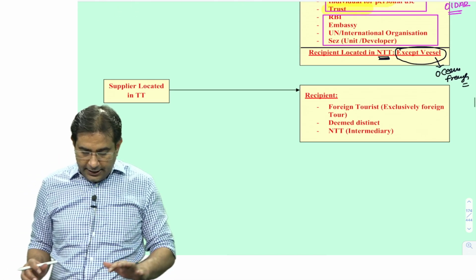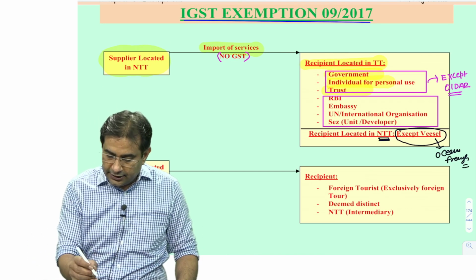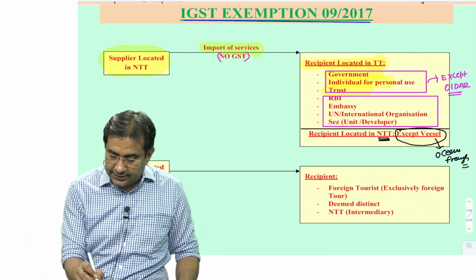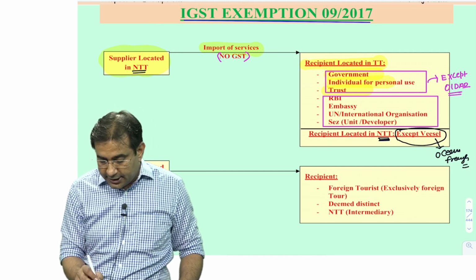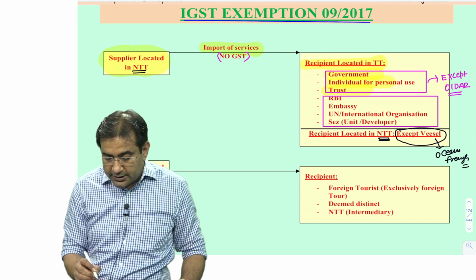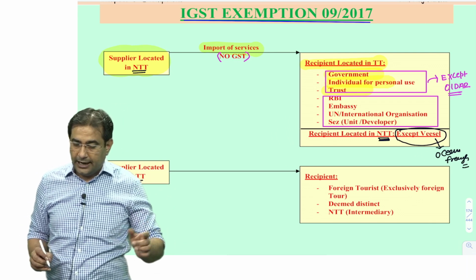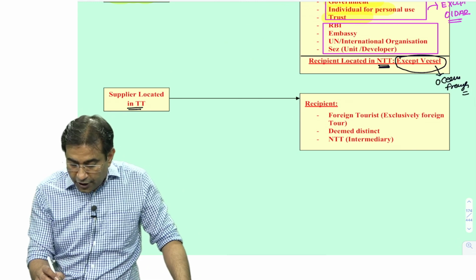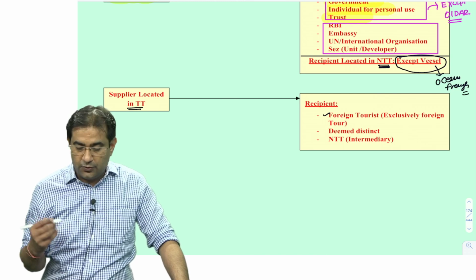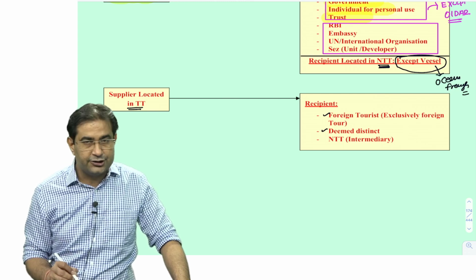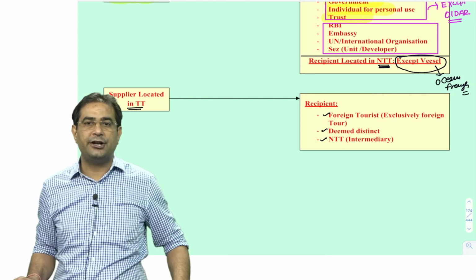And in the opposite situation: in the first situation, the supplier was in a non-taxable territory, and the second situation is where the supplier is located in the taxable territory and the recipient is a foreign tourist on a tour exclusively outside India, deemed distinct situation, and non-taxable territory, that is intermediary.